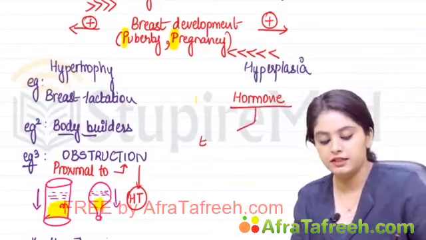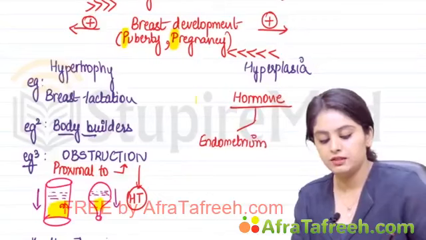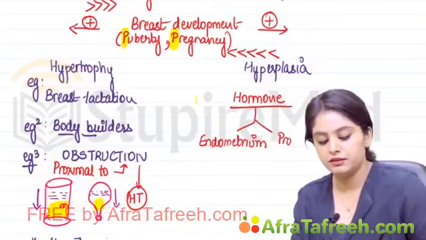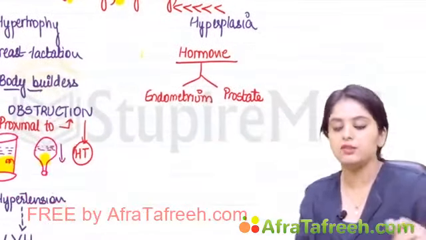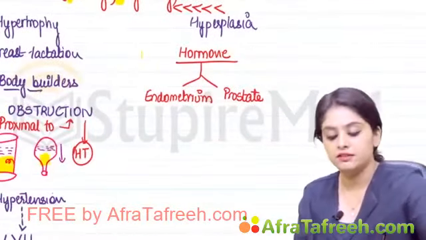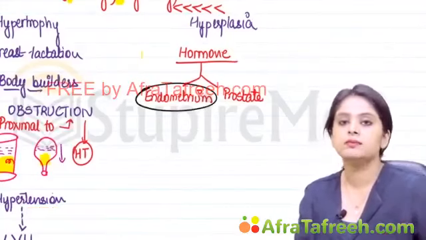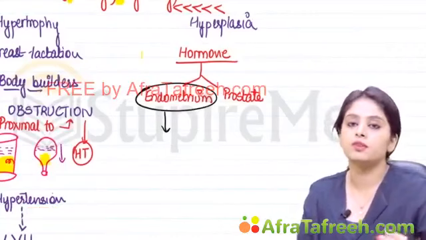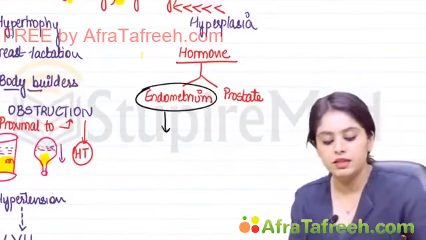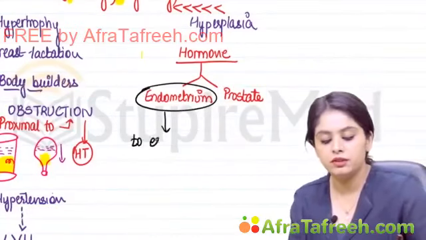One, that is the endometrium, and the other is going to be prostate. Endometrium and prostate. Now let's first deal with endometrium. In endometrium, what is the hormone that is responsible for the growth of the endometrium? It is responsive to estrogen.